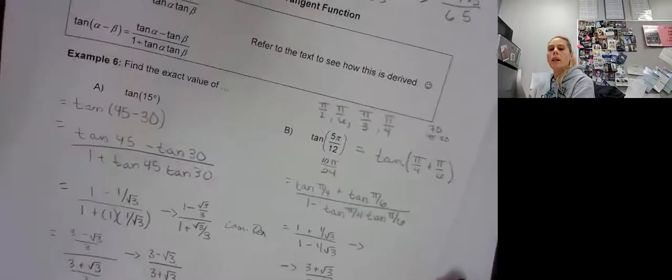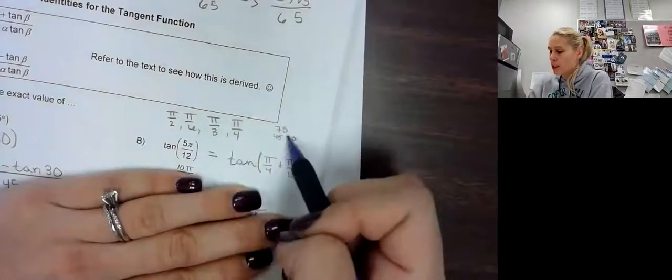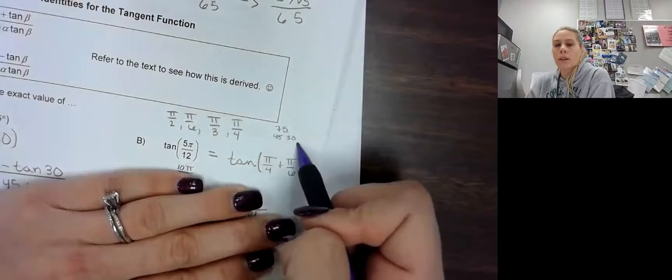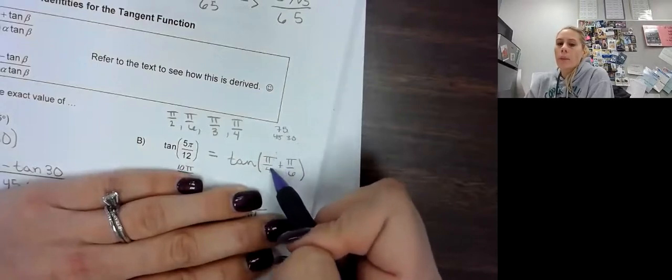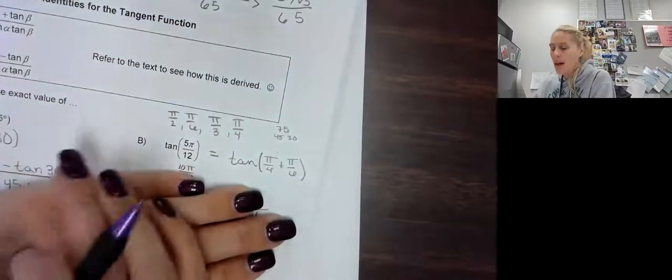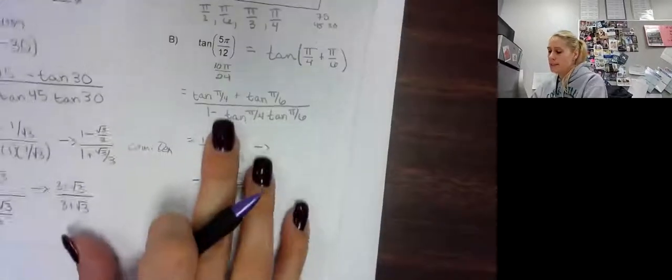With B, the radians, again, 5 times 180 over 12 is actually 75. So how do I get 75? That's 45 plus 30. 45 is pi over 4 plus pi over 6. So that's where I get that. And then I do everything again, and I put it in the identity. I then calculate it with my unit circle.